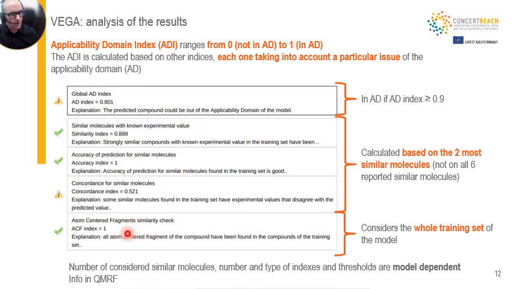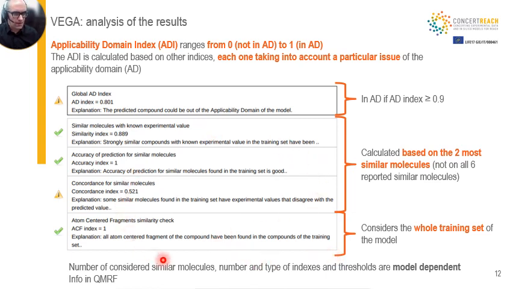And also, VEGA checks if all the structural features of the target molecule are represented in the training set. For those of you who are maybe familiar with DEREK, this is similar to the concept of unclassified features.